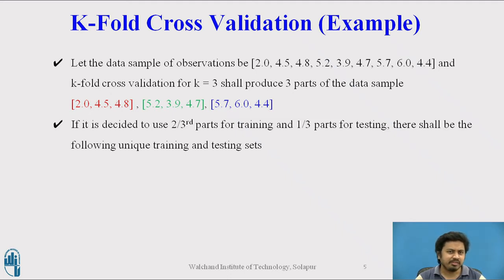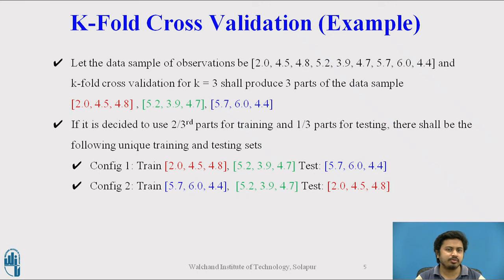Now given this assumption, we shall have the following configurations for training. Config 1 could be that the first 2 parts are used for training and the last for testing. Likewise, going across various combinations, you get these 3 configurations.